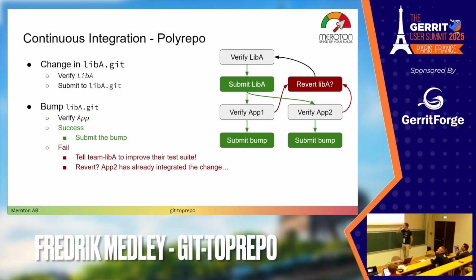So if it fails, then we tell the team for library A to improve the unit test suite, because our test didn't pass, so they are maybe missing some test. We also tell them, please revert that change, because we want all the other fixes that you do in library A. But our sibling team, app2, is already using the new library A, and they can't go back, so we can't actually revert that change that breaks for us.